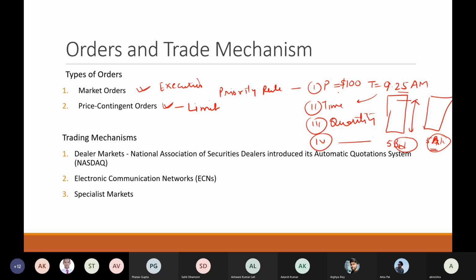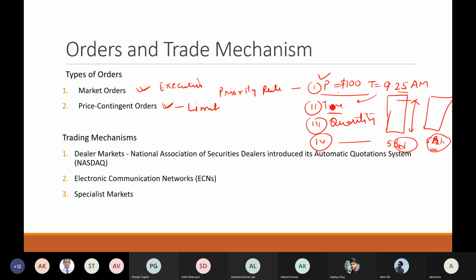So according to the NSE priority rule, if on a given time stamp 10 orders are coming, the order offering the highest price will get the priority. If all orders are coming at 9:25, the first preference is price. If prices are all the same, let's say all 5 or 10 orders reflecting here in the book, then next is which order came first.